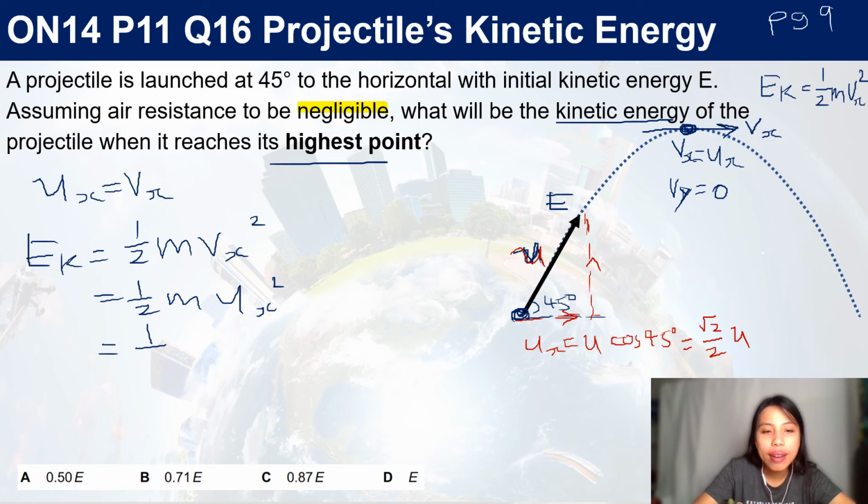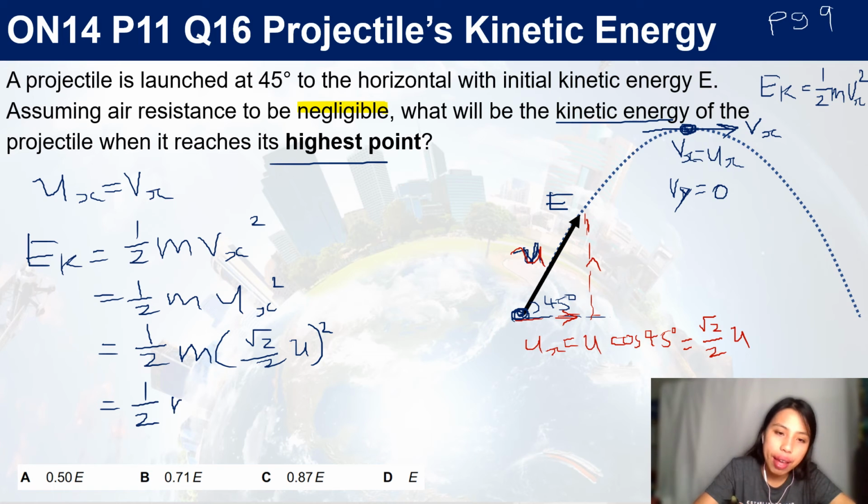We have half m, what is Ux? Root 2 over 2 U squared. So now the kinetic energy at the highest point is half m. From this part, you will get 2 over 4 U squared.